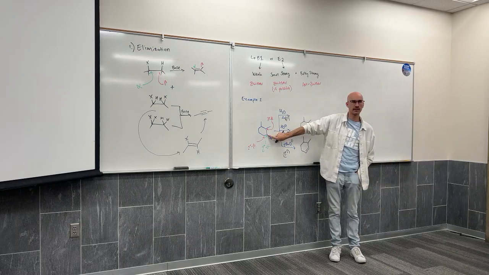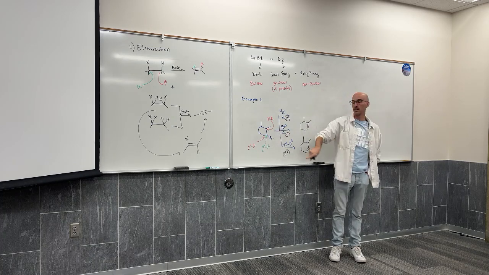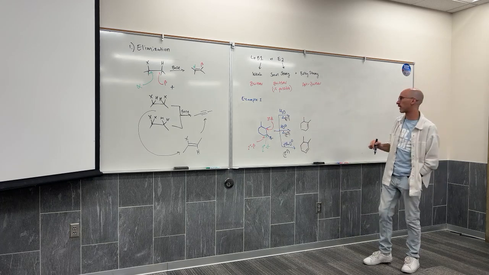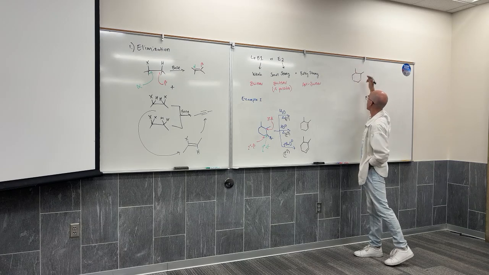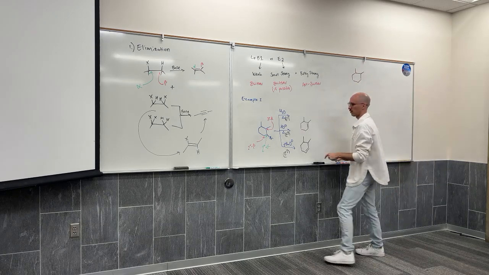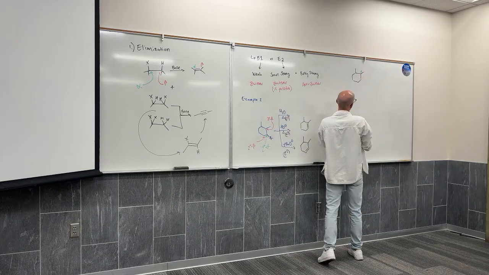Secondary carbocation, adjacent to a tertiary carbon, hydride shift creates a tertiary carbocation. So I'm going to redraw that tertiary carbocation because now my alpha and beta positions have switched. Or not necessarily switched, but they've changed.